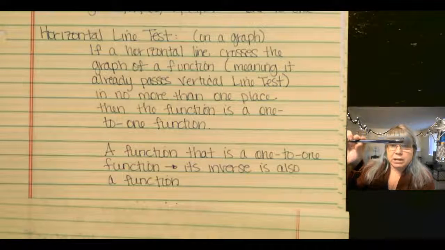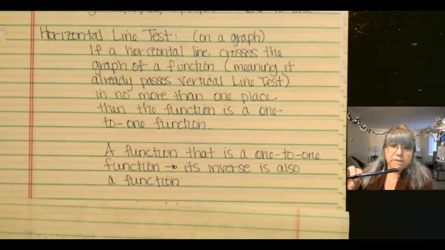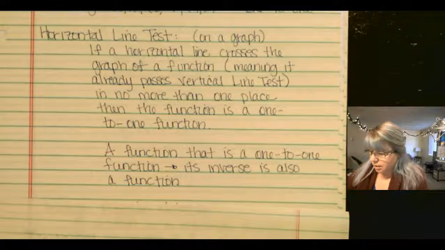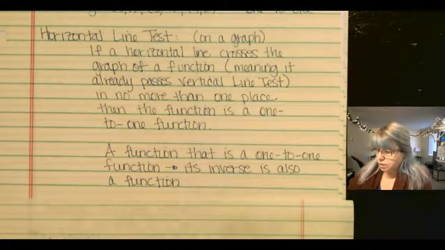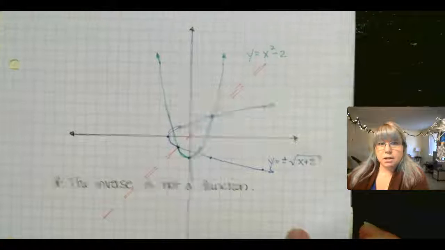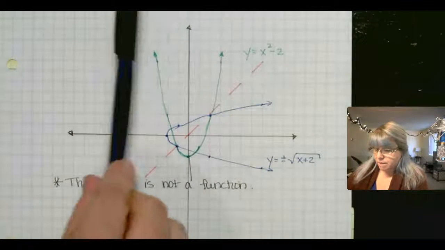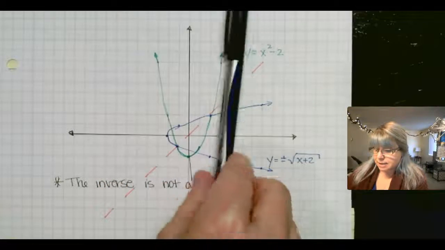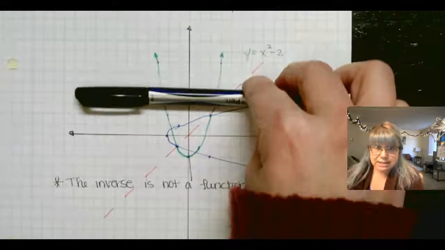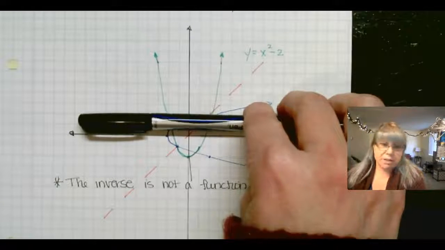If we only hit one point on the horizontal line test, then we know that the original function's inverse will be a function and that it's a one-to-one function. So for example, let me get back our graph here. Our green is our original function. Vertical line test, it passes. But horizontal line test, it doesn't, and therefore we know its inverse will not be a function.